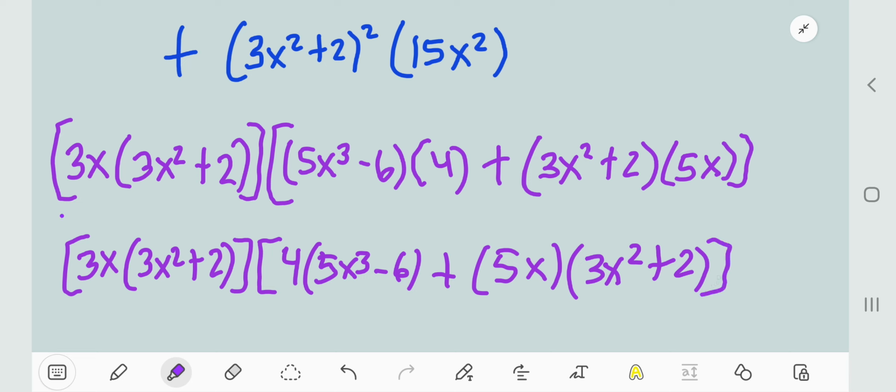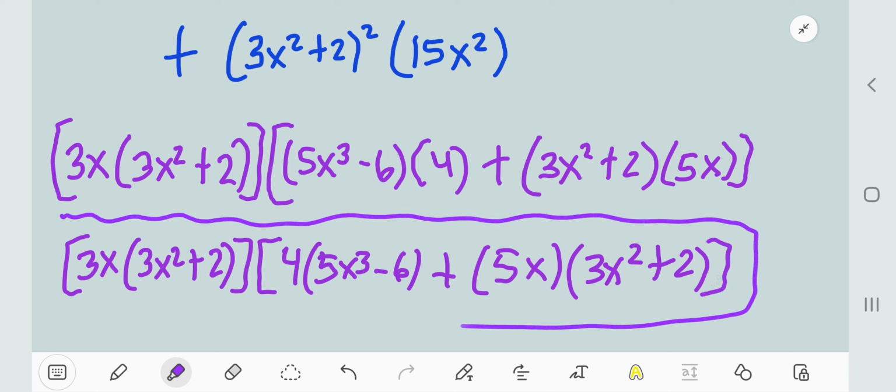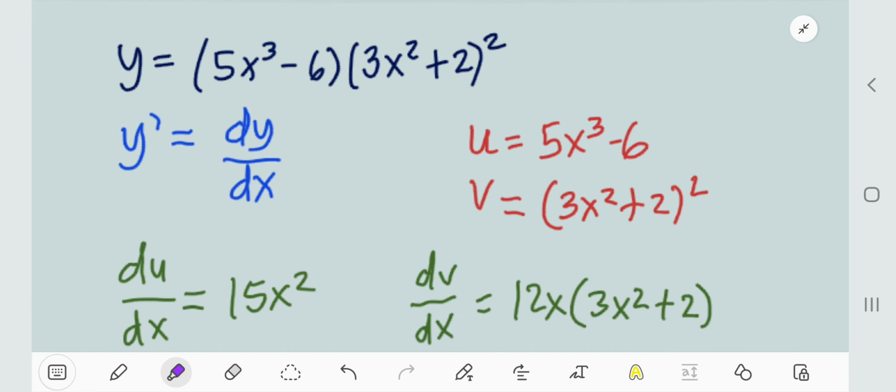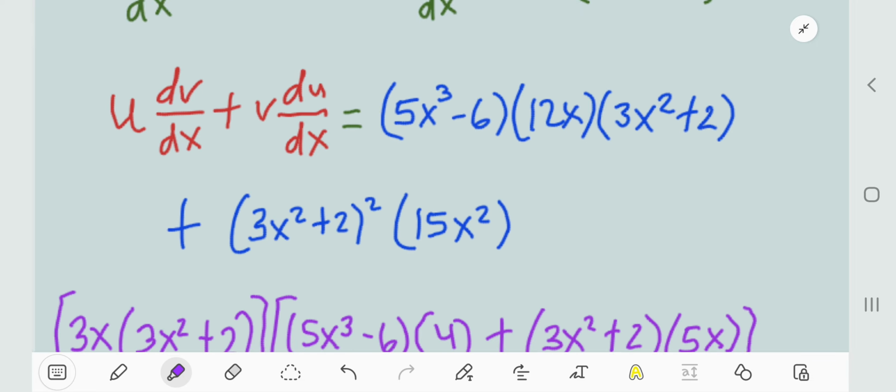So this is the factored form of the given derivative, or the derivative of the given function 5x cubed minus 6 times the square of 3x squared plus 2.